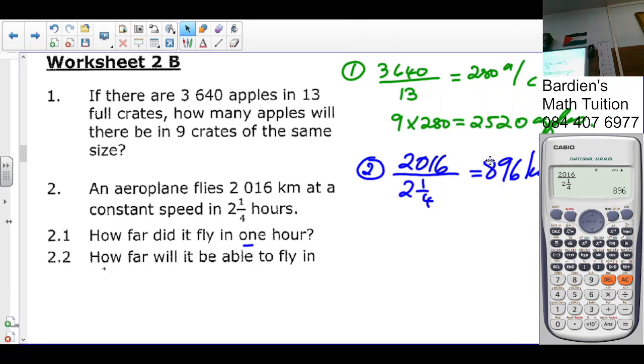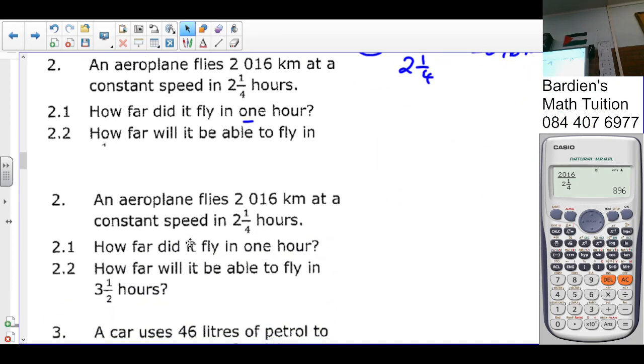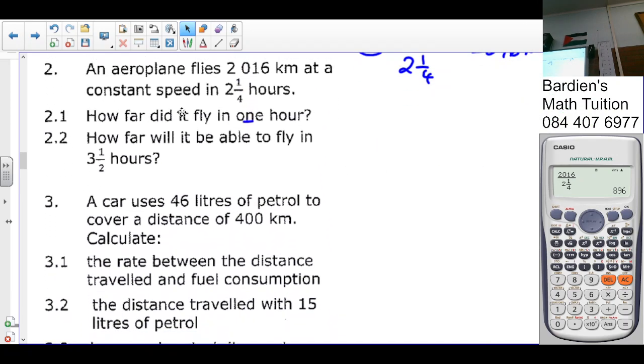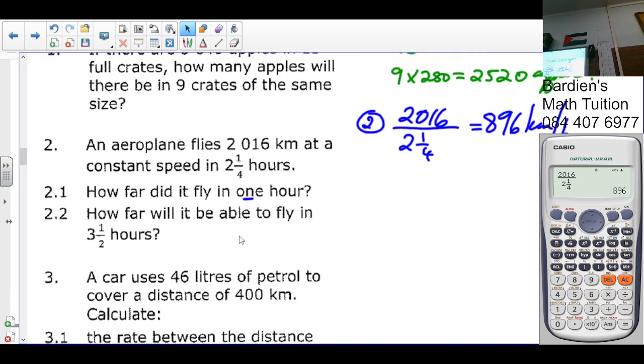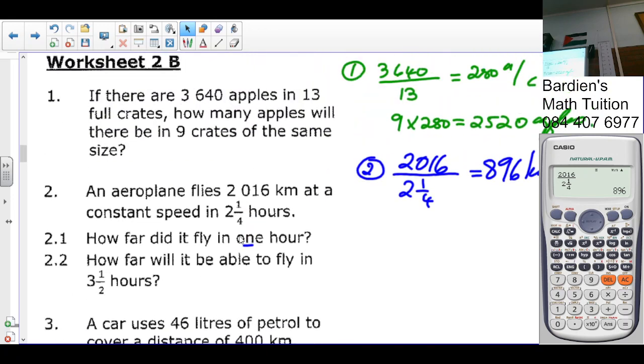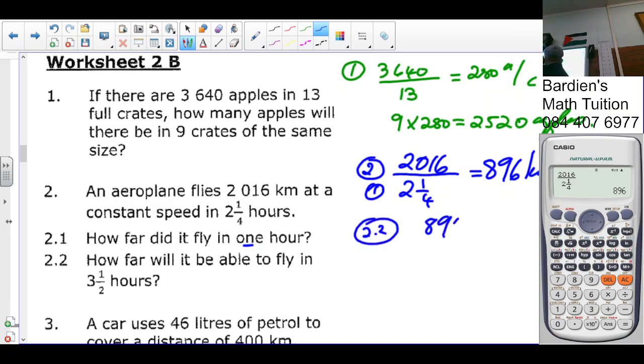Okay. How far would it be able to fly in 3.5 hours? If it's 1 hour, it's going to cover 896. So in 3.5 hours, I multiply the answer by 3.5.